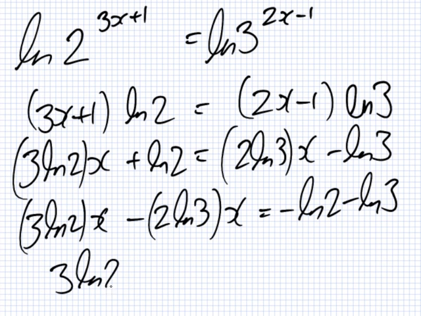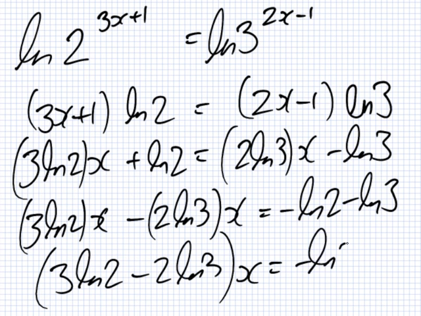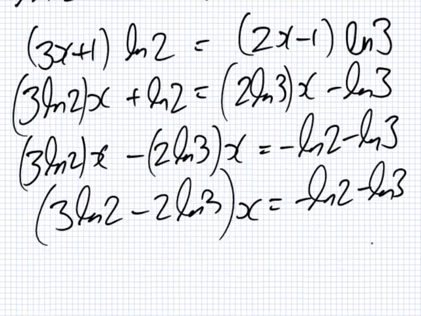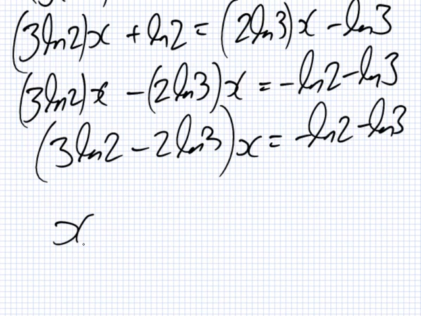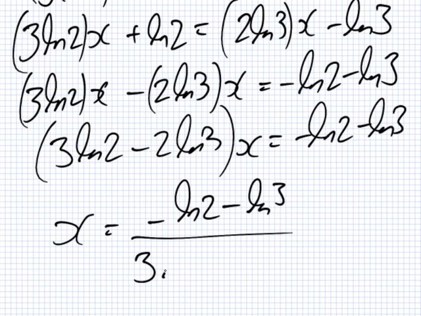So (3 log 2 minus 2 log 3)x equals minus log 2 minus log 3. So when you divide, you get x equals minus log 2 minus log 3 all over 3 log 2 minus 2 log 3.